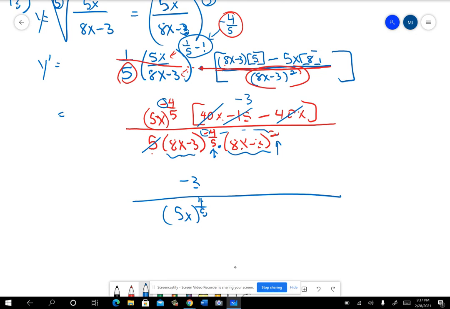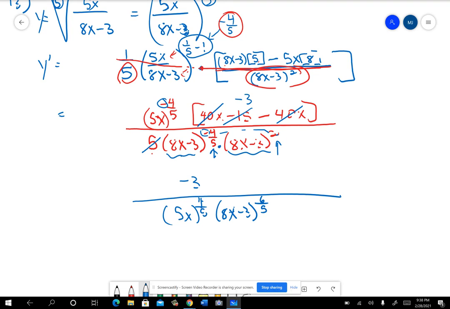So -4/5 plus 2 would be -4/5 plus 10/5, and -4 plus 10 would be 6/5. So the 8x minus 3 is being raised to the 6/5 power. And let me think. I think that's it. About as far as I can get on that one.